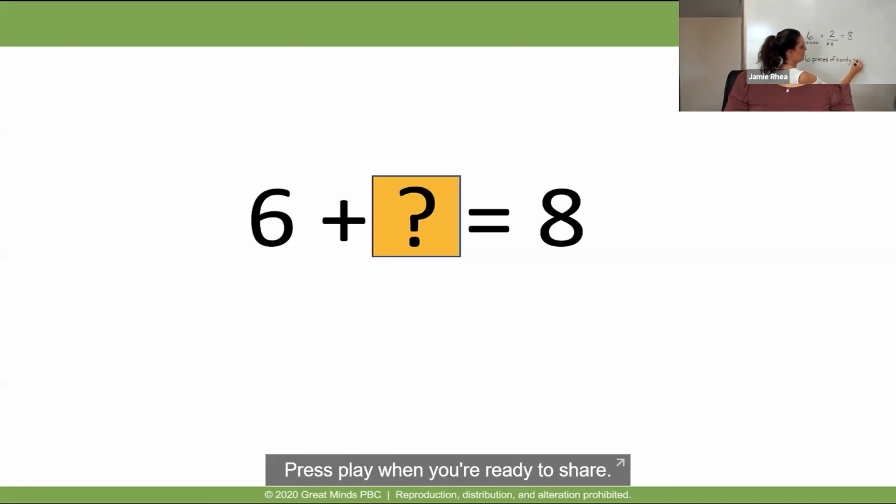My son gave me 2 more pieces of candy. And now I'm going to have to bring my equal sign. I'm going to have to write it down here. I'm running out of room. And now I have 8 pieces of candy.